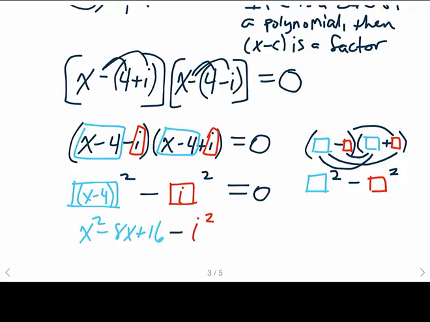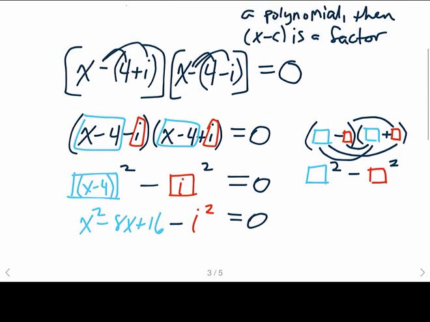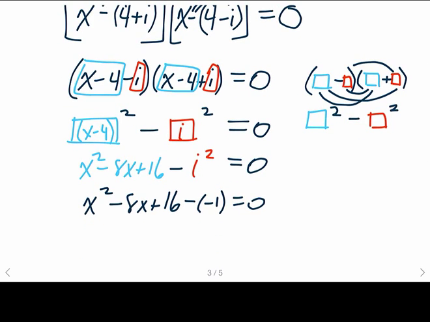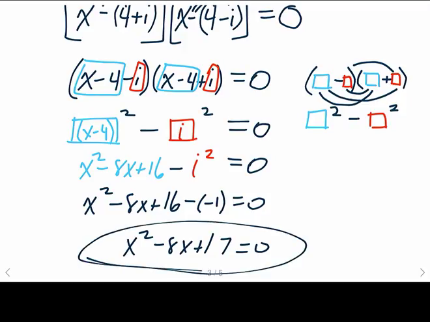Well, i squared is equal to negative 1. So what we actually have is x squared minus 8x plus 16 minus negative 1 is equal to 0. And then simplifying gives us x squared minus 8x plus 17 is equal to 0. And this is the desired polynomial equation.